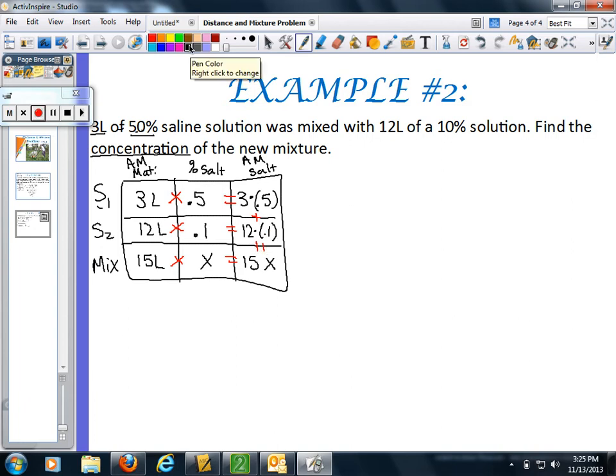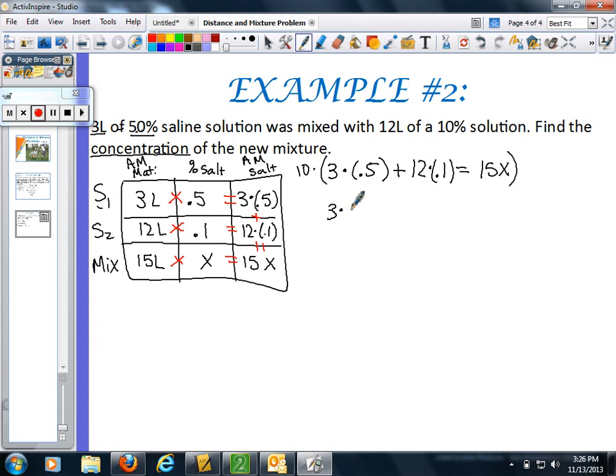So my problem then becomes 3 times 0.5 plus 12 times 0.1 equals 15x. Now, I don't want to deal with decimals, so I'm going to start by getting rid of them. I'm going to multiply by 10 because I only have one number after the decimal, so I can get rid of both of them by multiplying by 10.